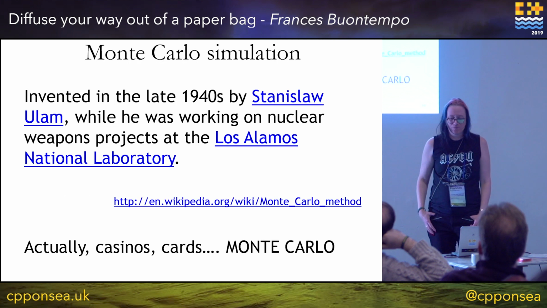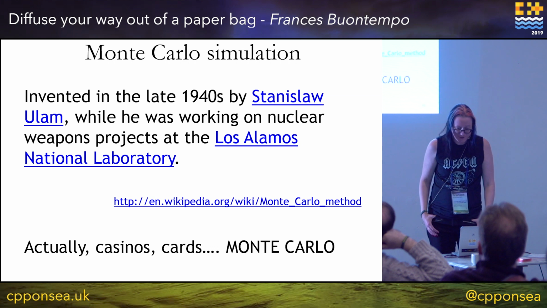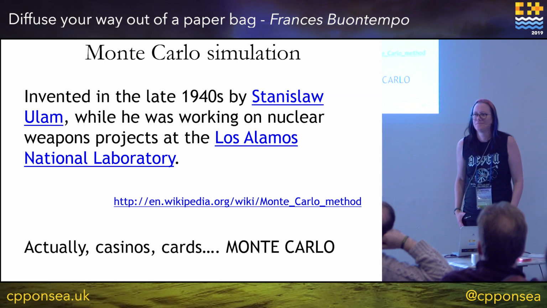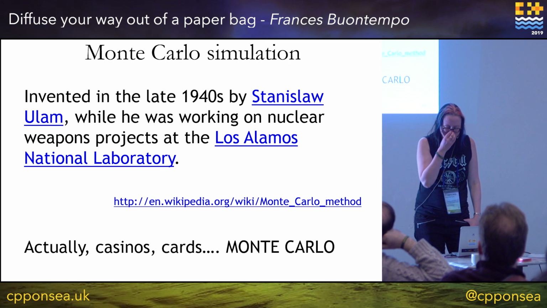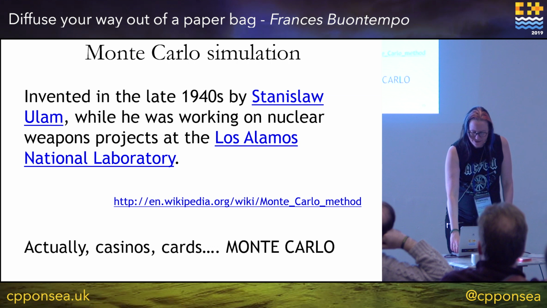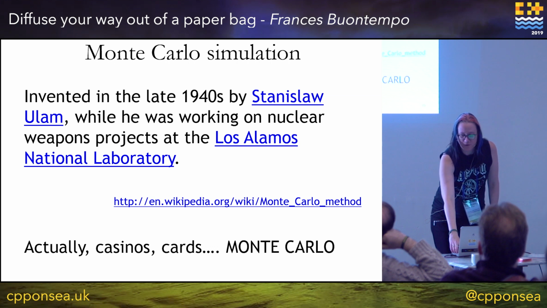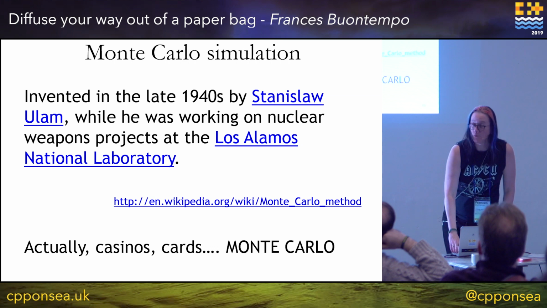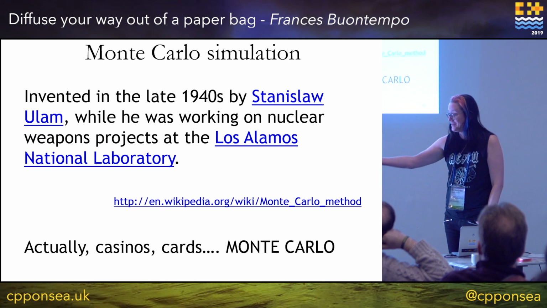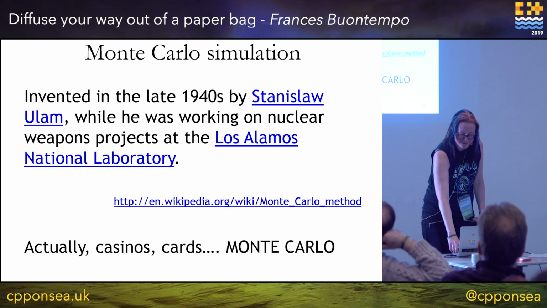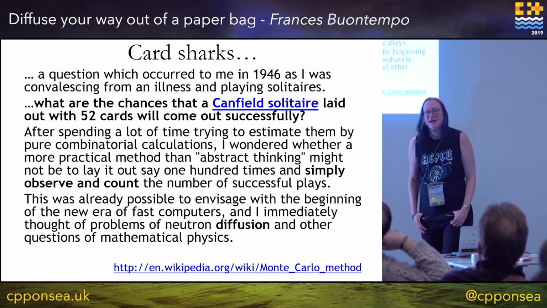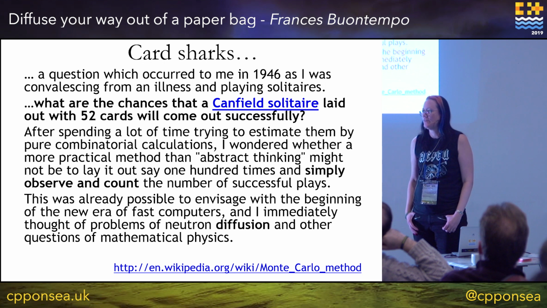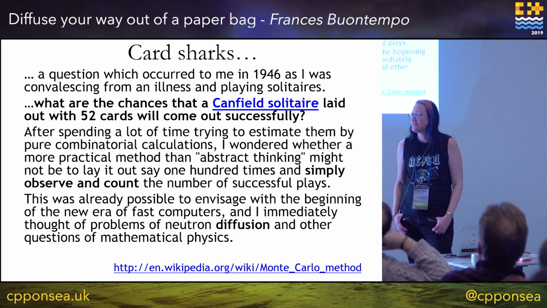So, what's the history of Monte Carlo simulations? Loads of things date back to the beginnings of nuclear wars and threats thereof. This guy, Ulam, was working on the nuclear weapons project. Really, it's called Monte Carlo simulations: Monte Carlo, casinos, gambling, yes. He was recuperating from being ill and trying to work out the maths of how likely he was to win at a particular type of patience game.